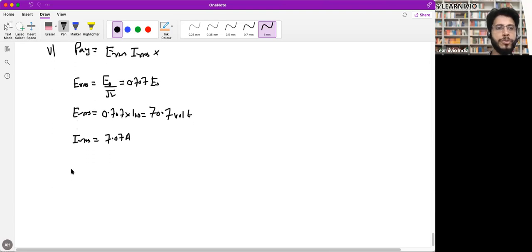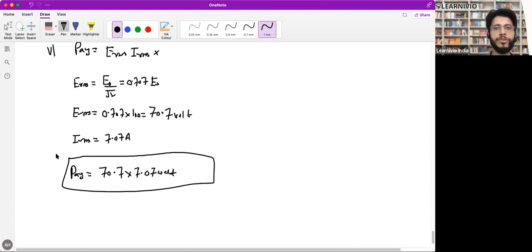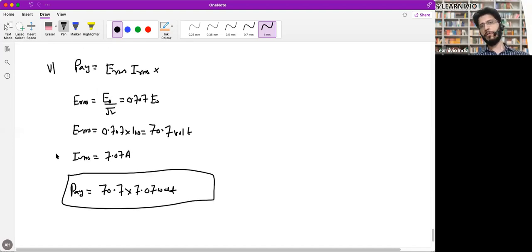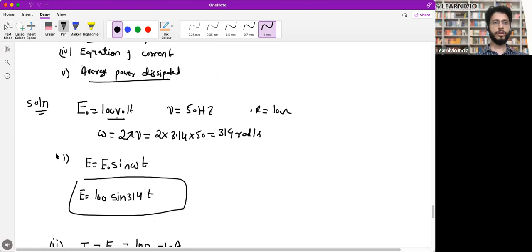So when you substitute these values, you will get P average is ERMS, which is 70.7, into IRMS, which is 7.07 watt. This is the average power dissipated. This is how we calculate average power dissipated. Okay, just note it down.